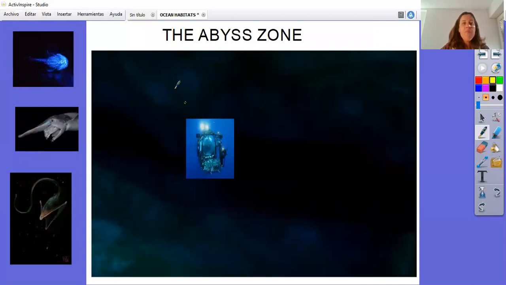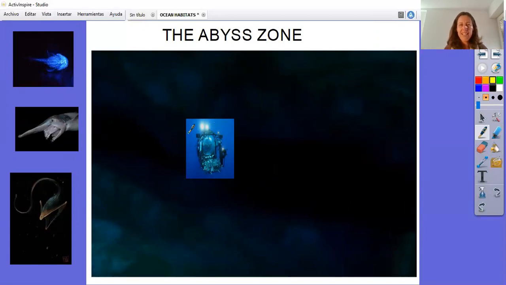This is the abyss zone. And here, the only way you can get here is with a mini submarine. You cannot scuba dive, it's impossible because of the pressure, because it's very, very cold and it's dangerous. This is very mysterious.